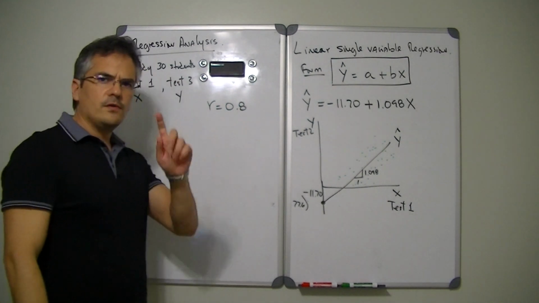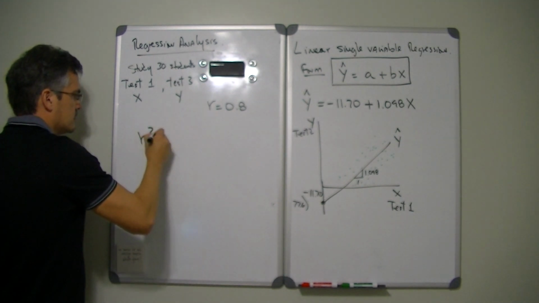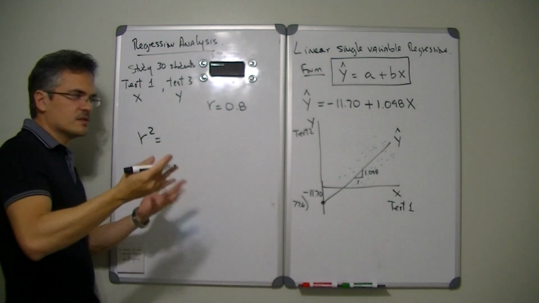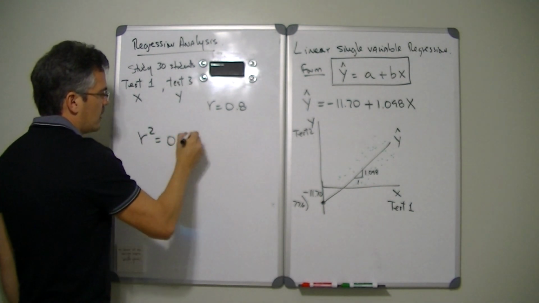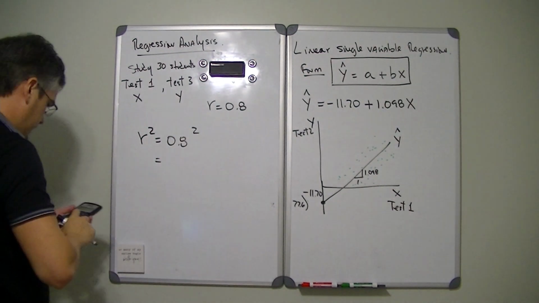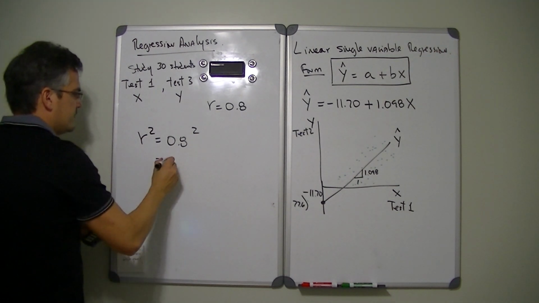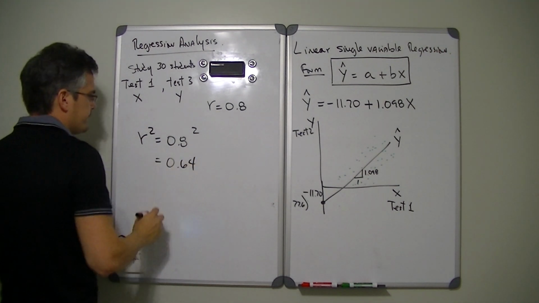All right? Now if you use something called the R square, which is literally, by the way, R squared, so all you've got to do is take R and square it. Okay? So that gives us 0.64.